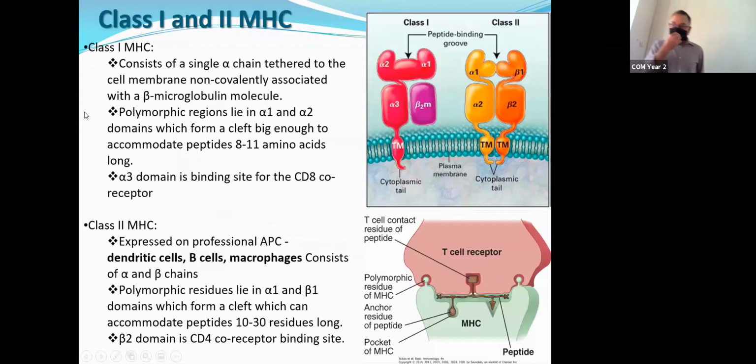So if we look at the fine structure of an HLA molecule, this is class 1, where it's essentially composed of one protein. And so this is the transmembrane motif, which anchors the HLA into the cell membrane.